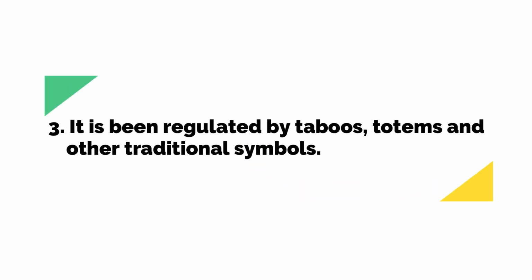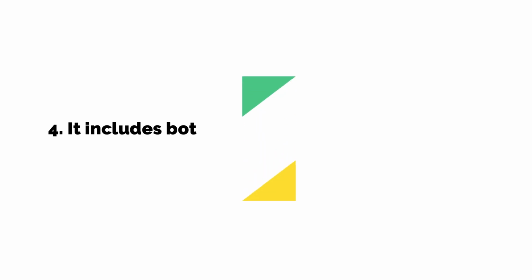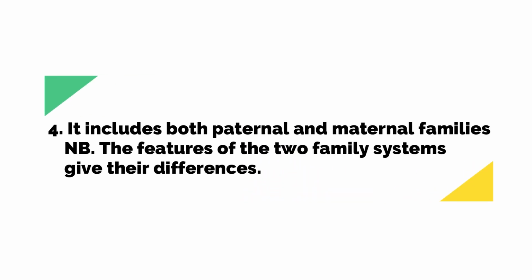It is regulated by taboos, totems, and other traditional symbols. It includes paternal and maternal relatives of the same family. You will notice that looking at the features of the two, we are able to make the differences between the 2 family systems. Good.